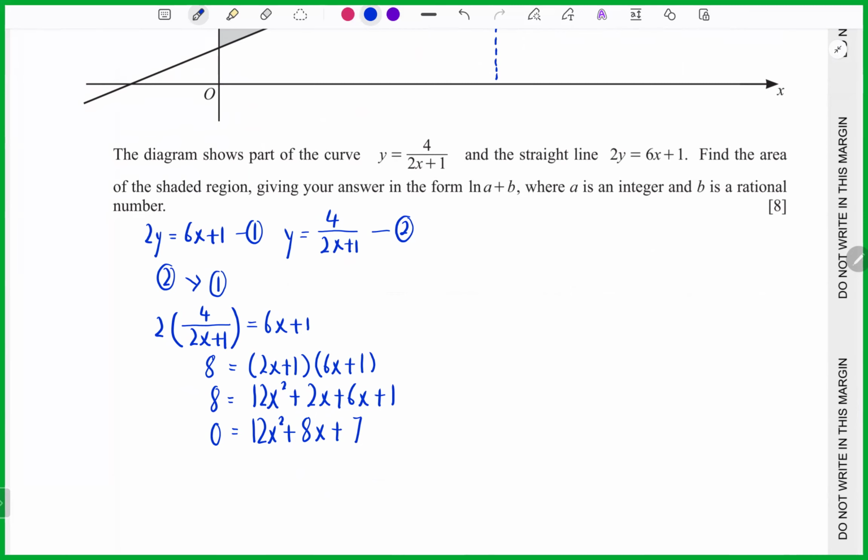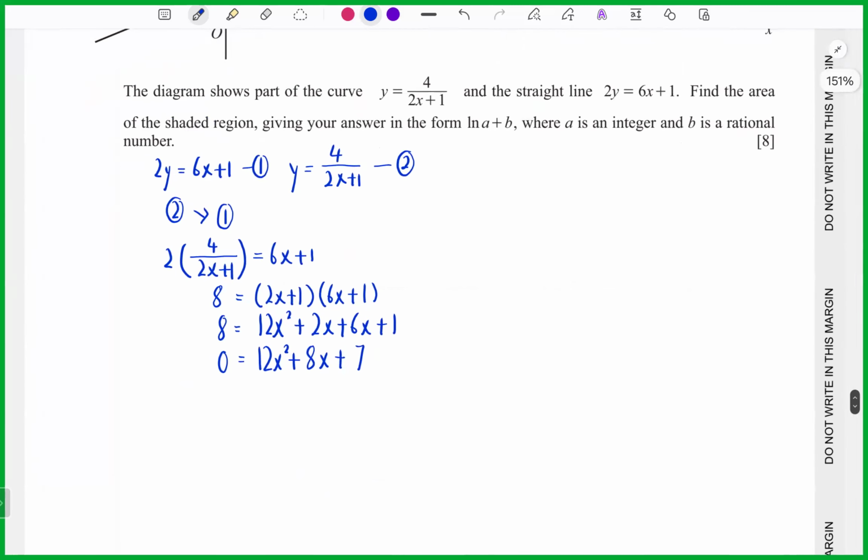Okay, so let's try doing the factorization. Right here, 12x squared plus 8x plus 7 equals 0. So I try using factorization first.